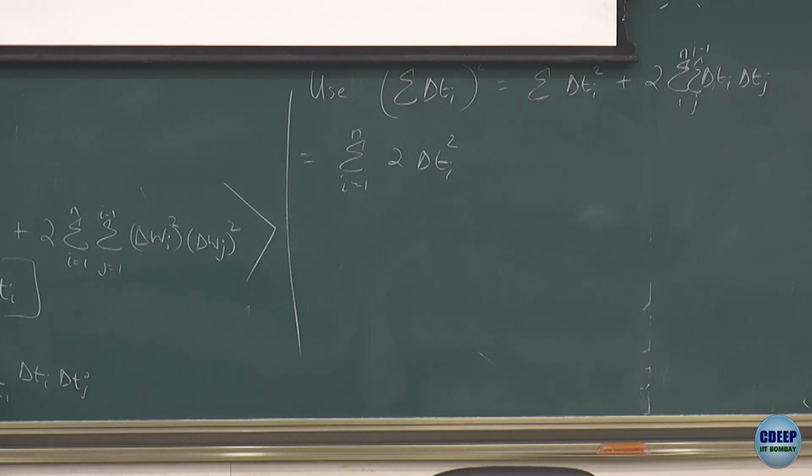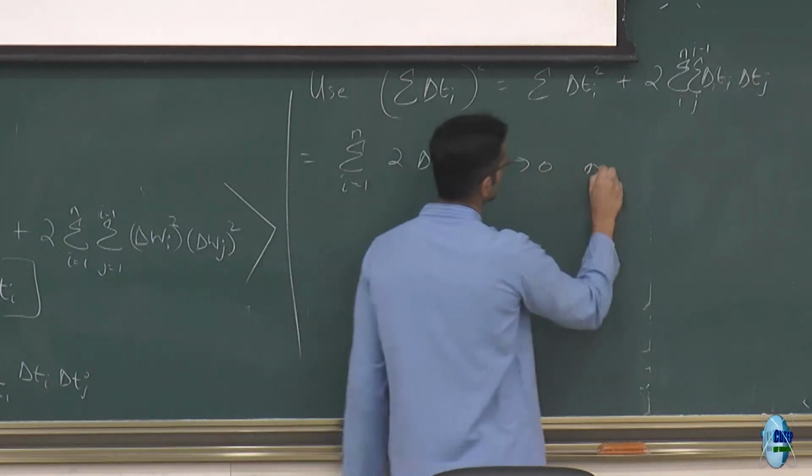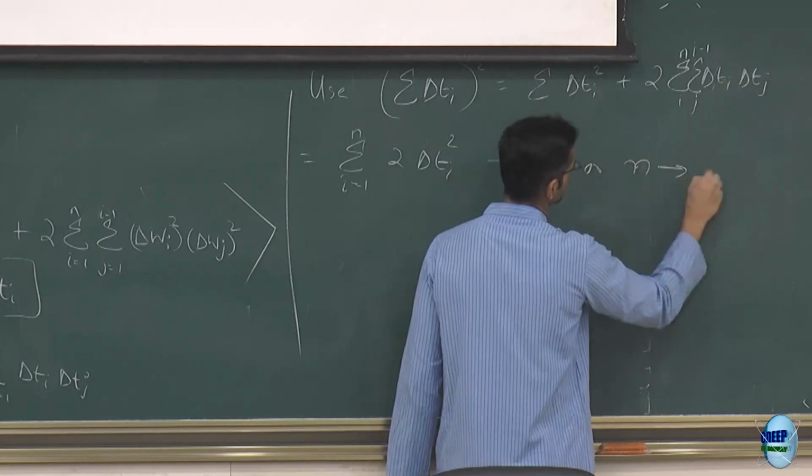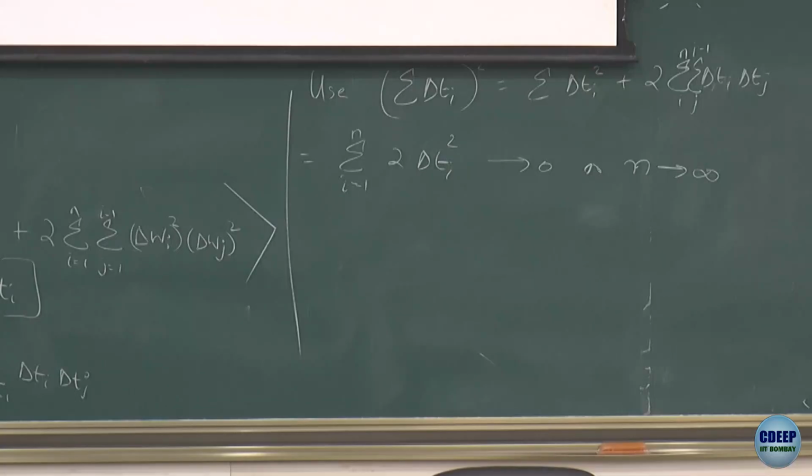Okay, and now what is this? This thing will of course go to 0 as n goes to infinity, because it is delta T i square. Now we don't have delta T anymore.